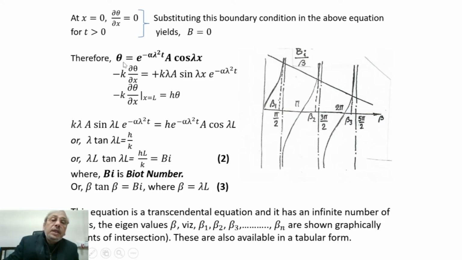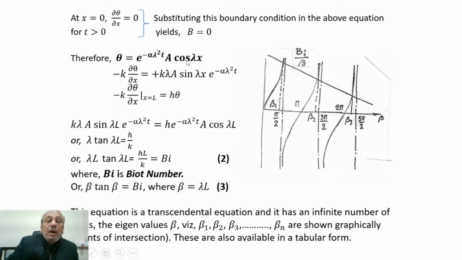So now theta becomes e to the power minus alpha lambda square t into a cos lambda x, and then again we'll apply the other boundary condition. What we are doing is finding the derivative, minus k del theta del x.